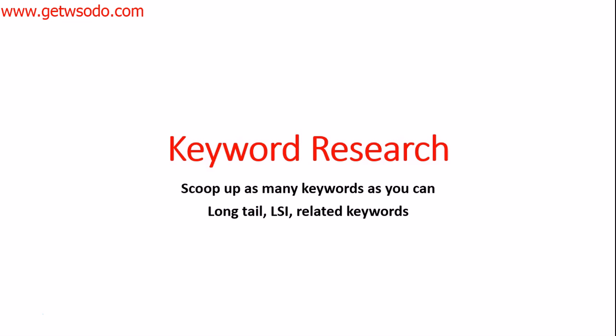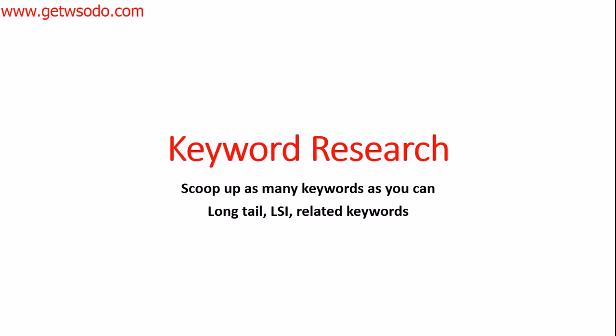LSI is actually a short form for latent semantic index, which basically means related keywords or secondary keywords, right? So people will be looking for water cleanup in my basement, water repair services, things like that. And also secondary and related keywords. When I say related keywords, things like mold removal. I need to remove mold in my basement caused by water damage, right?